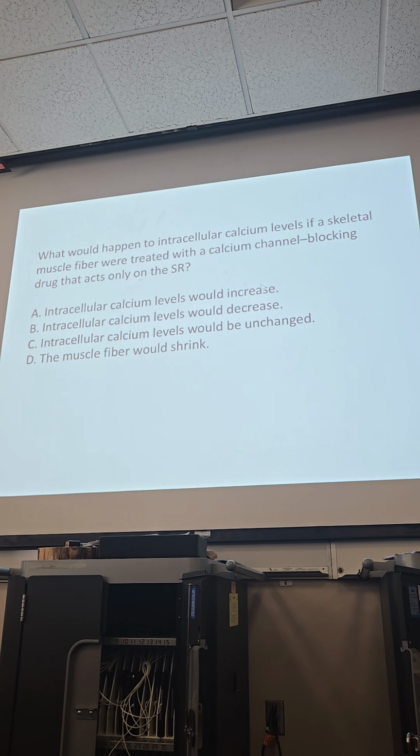All right, time to share. I picked intracellular calcium levels would decrease.